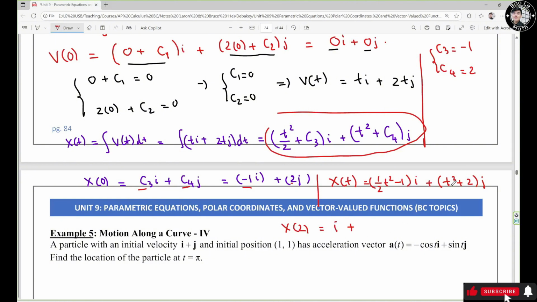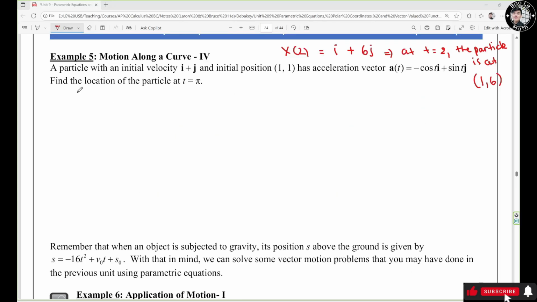Plus 2 squared equals 4 plus 2 equals 6, so 6j, right? So at t equals 2, the particle is at the point (1, 6).